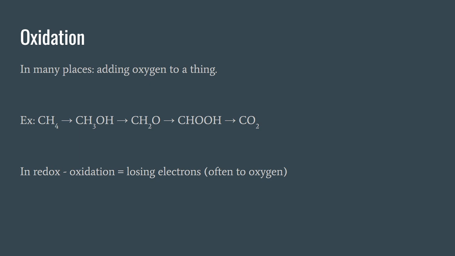It is hard to see for something like this that the carbon is losing electrons to the oxygen, but it kind of is. In other reactions, it's easier to see. It's much more explicit that oxidation means the loss of electrons.